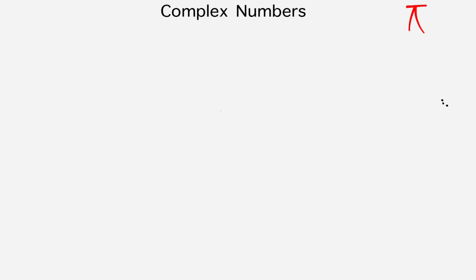As you know about the real numbers, if we square any real number, we always get a non-negative value. All right? But what about equations like this? x square plus 1 is equal to 0.